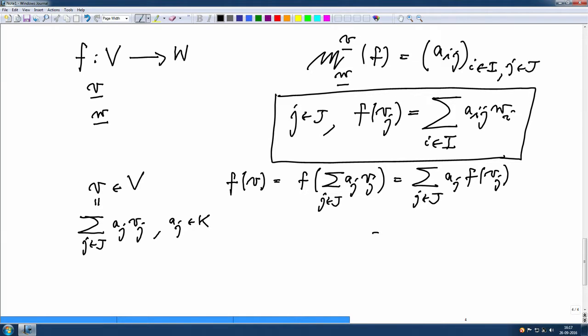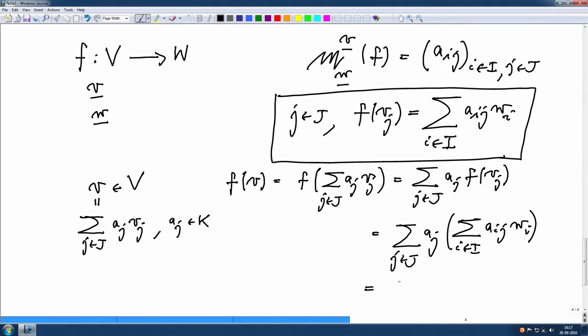So this will be summation j in J, a_j, then summation i in I of these we know, they are A_ij w_i. But they are finite sums, so I can rearrange them. I can interchange them, for instance.